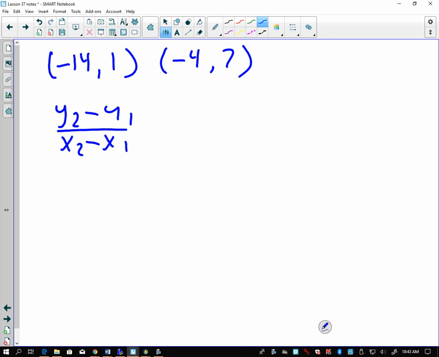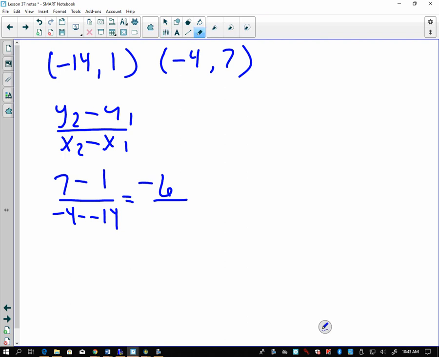That gives me 7 minus 1 over negative 4 minus negative 14, correct? 7 minus 1 is 6, I'm so used to having to think backwards on negative numbers. And negative 4 minus negative 14 is 10, good. So we get 6/10 or 3/5. But that's the slope between those 2 points.